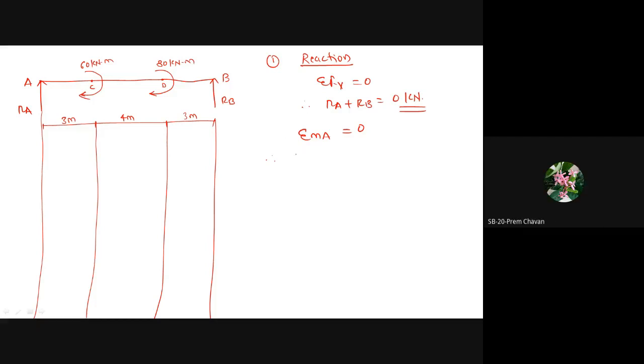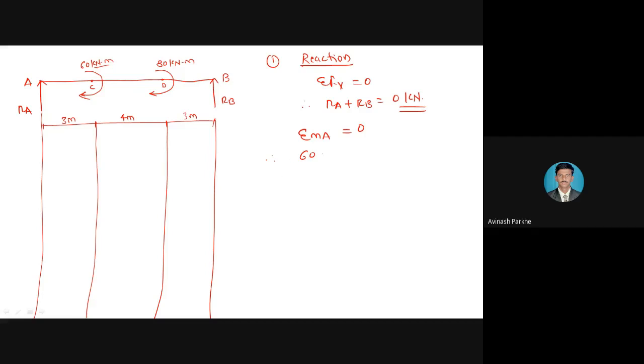Clockwise, so plus 60, only plus 60. Don't multiply 60 into 3, even though the distance between A and C is 3 meter, because the couple at point C is already given in kilonewton meter. Only if it is a force do we have to multiply it by the distance.